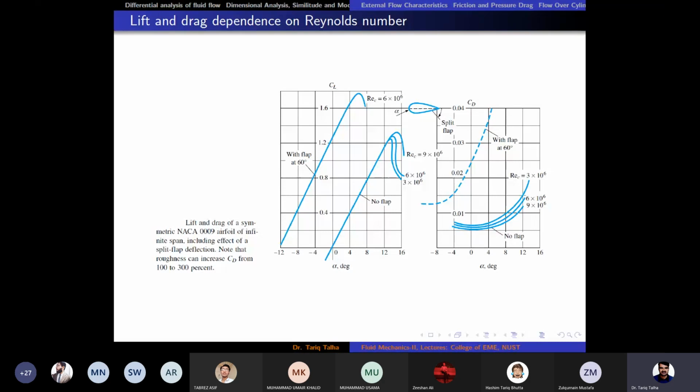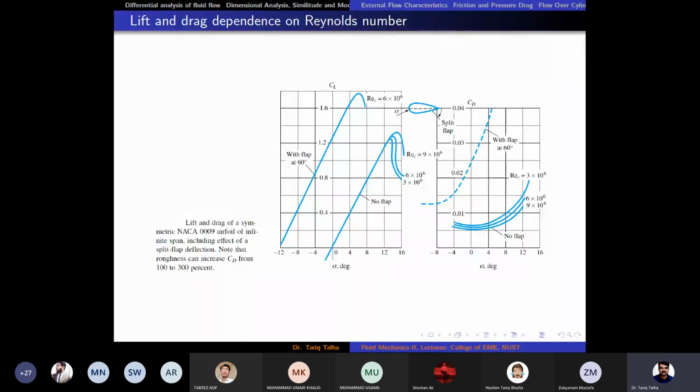So you can see that the CD value is also increased. But we are not very concerned about that, because if we put in more fuel, we can control the CD more conveniently. So we usually use these flaps.